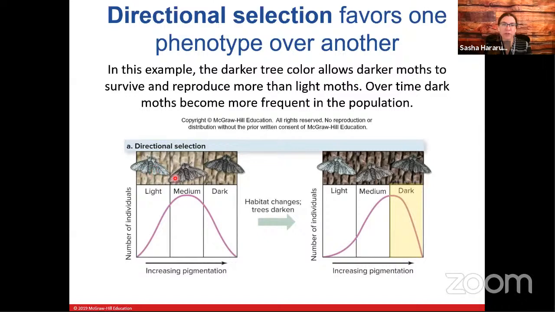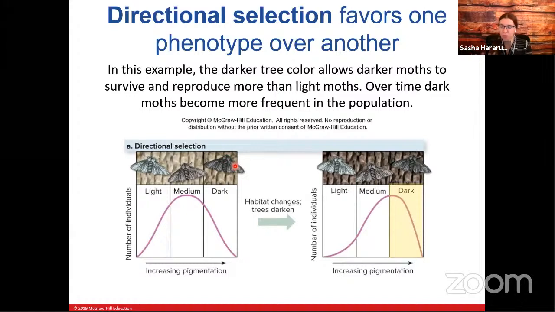The moths that stand out, that are more visible on the contrast, would be eaten because the predator can see them. But the moths that can blend in well with their surrounding environment have a lower chance of being eaten and a higher chance of reproducing.